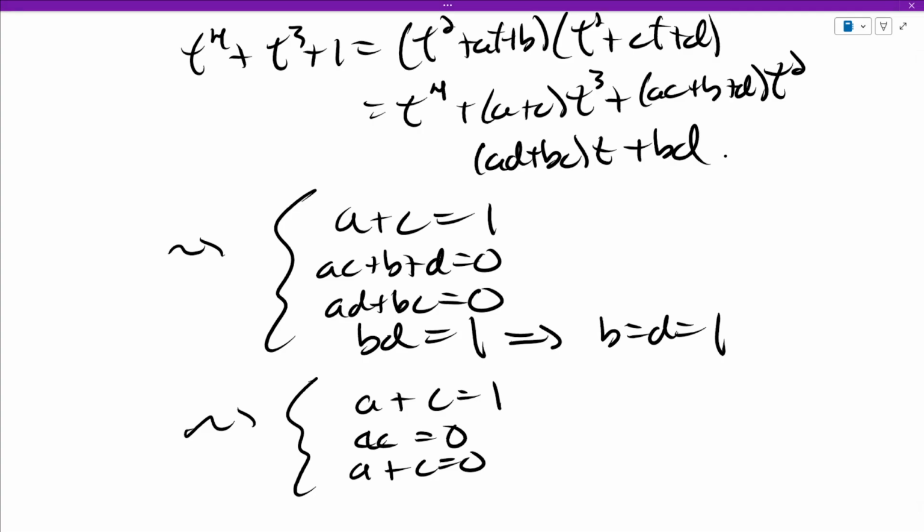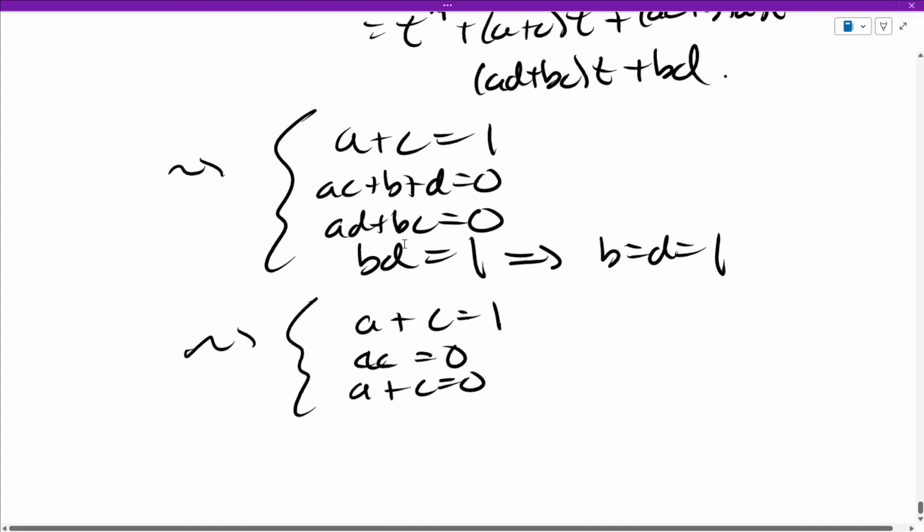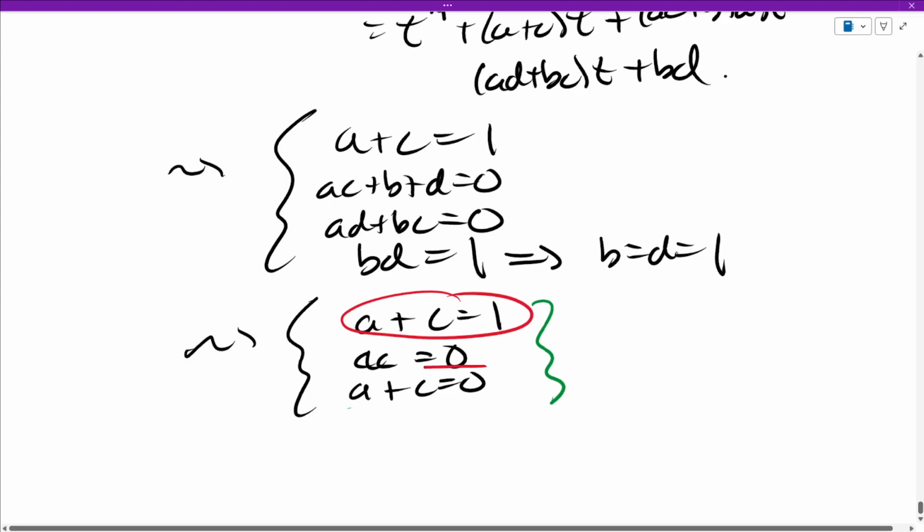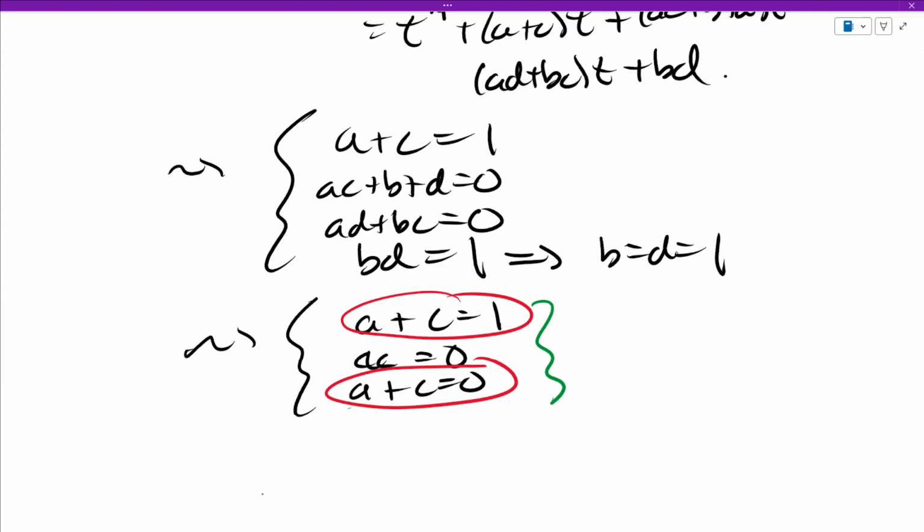All right. It seems like we have a contradiction here, right? So I think what this says is that a and c have to be either both 0 or both 1, and this says they have to be opposite. So here we have a contradiction because these two equations are in opposition with each other. So actually, we could have worked in F2 instead of F5, and our work would have been a lot easier.